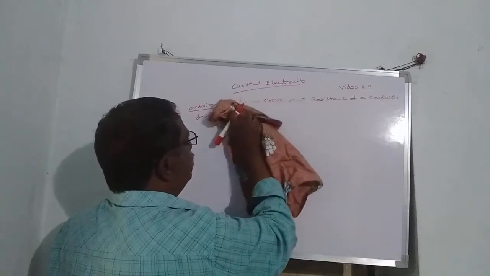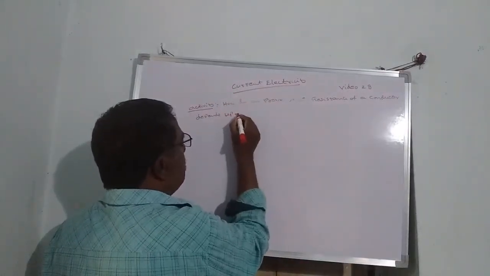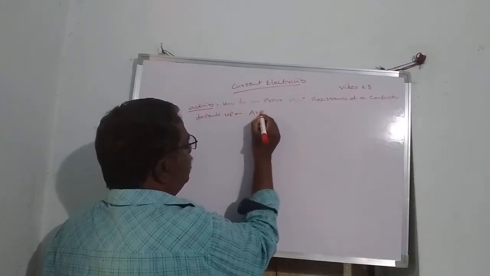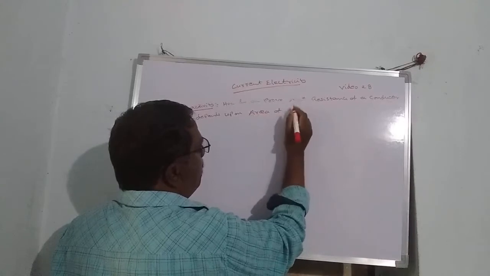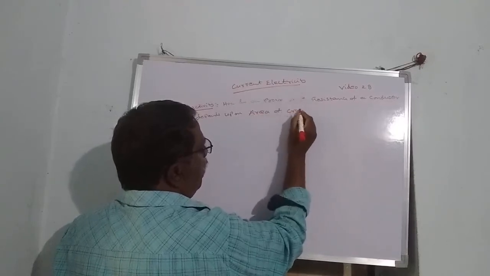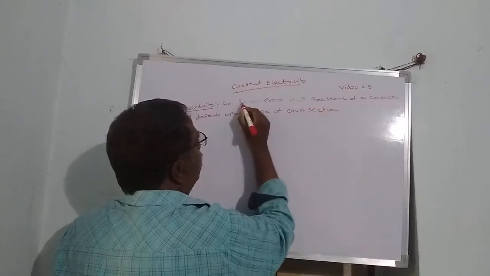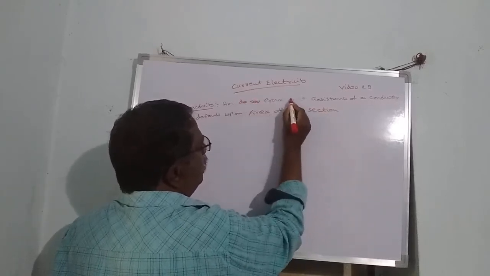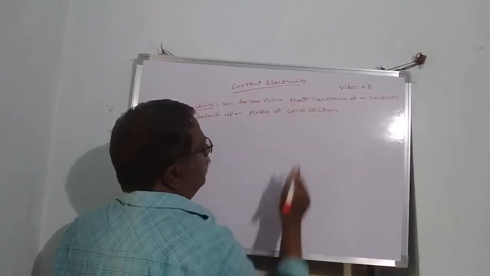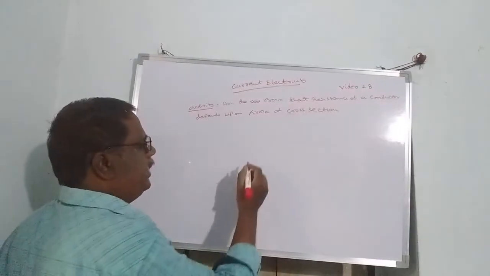Resistance depends upon area of cross section. So next activity, how do you prove that resistance of a conductor depends upon area of cross section?